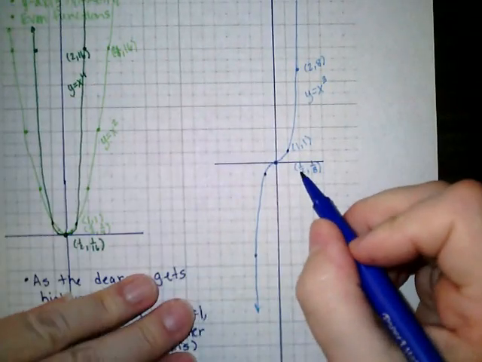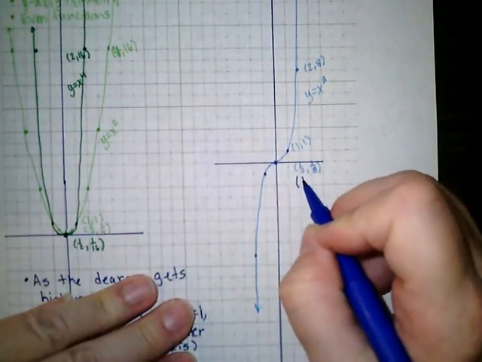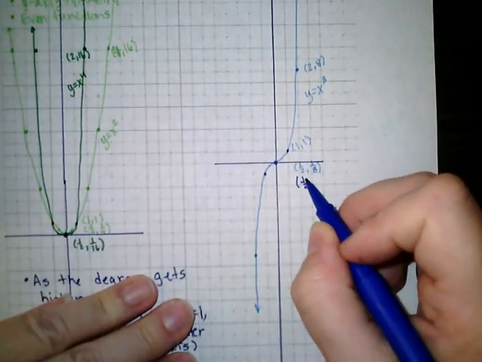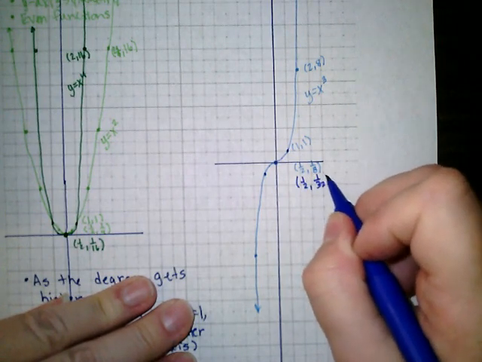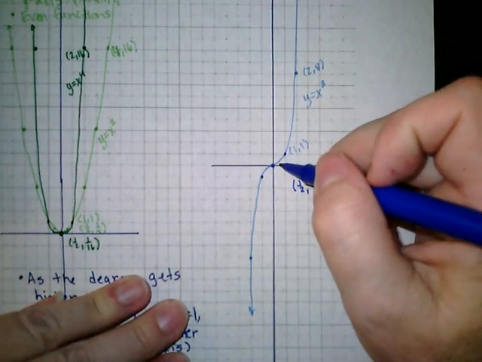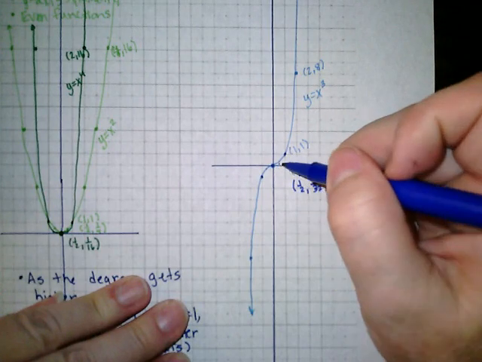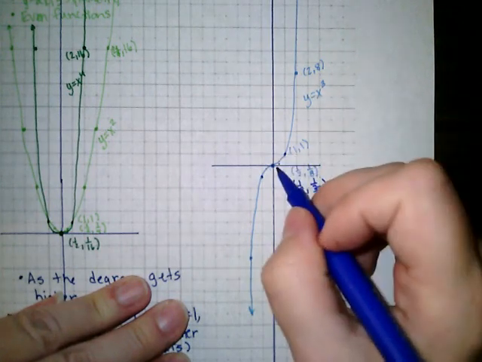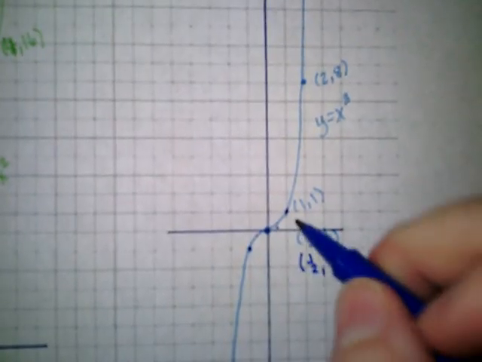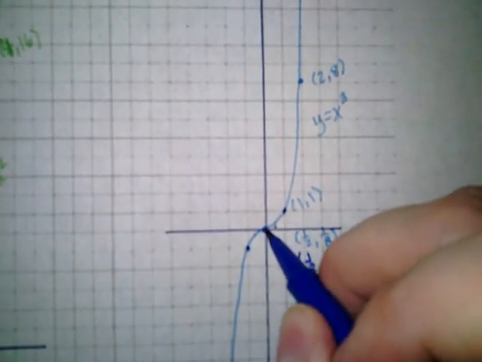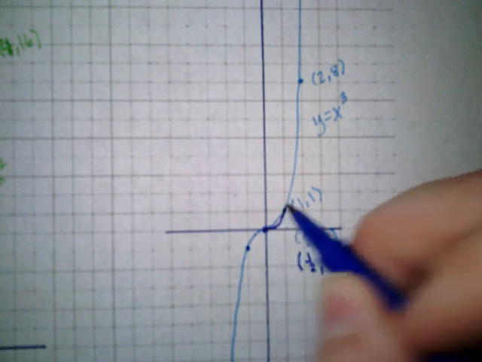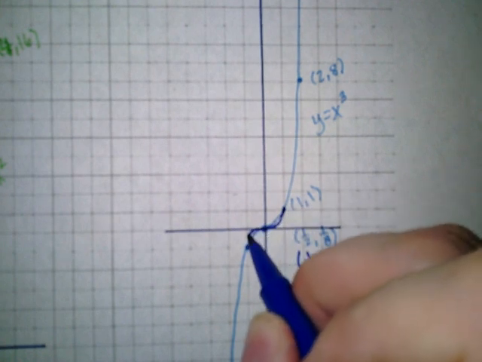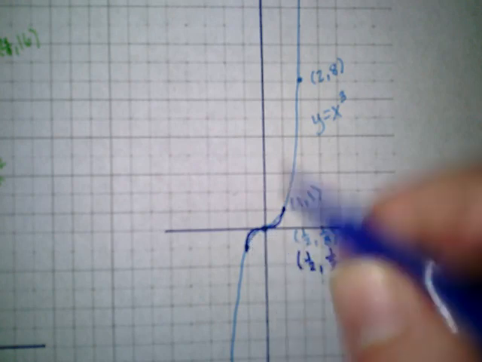Then what happens at 1/2? At 1/2, I would have 1 to the 5th over 2 to the 5th. So 1 over 32. That is a super, super tiny number, so really, really close to the axis. So this one is going to be even harder to see than the even one. What's happening is the graph is going to be below or closer to the x-axis in between -1 and 1.